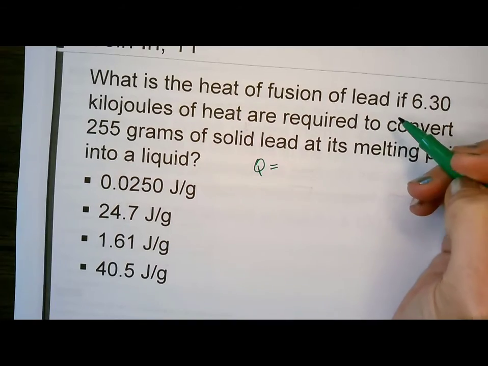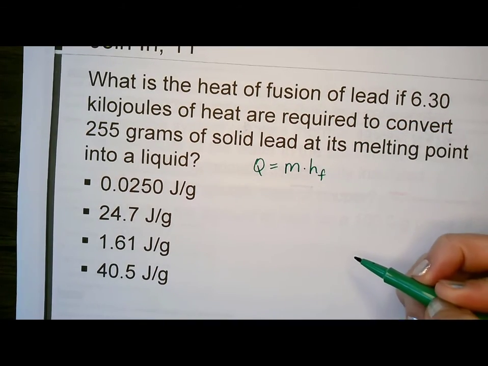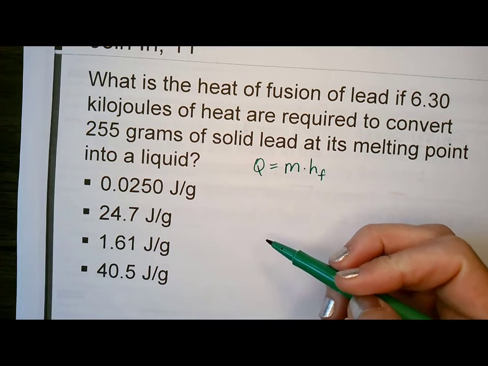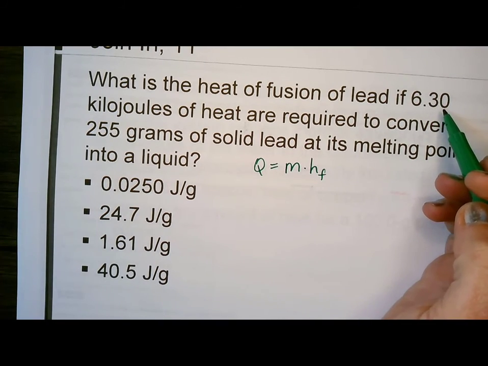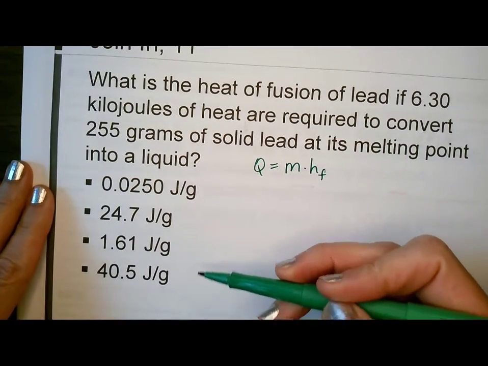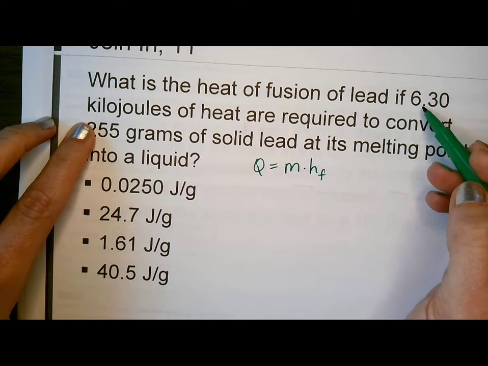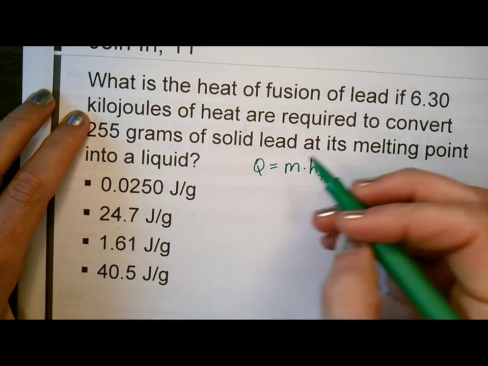Remember, if we're looking at heat of fusion, that's mass times heat of fusion is equal to Q. So if we're given Q at 6.30 kilojoules, first thing I'm going to notice is that all of my answer is in joules. So I'm going to make 6.30 kilojoules into joules.